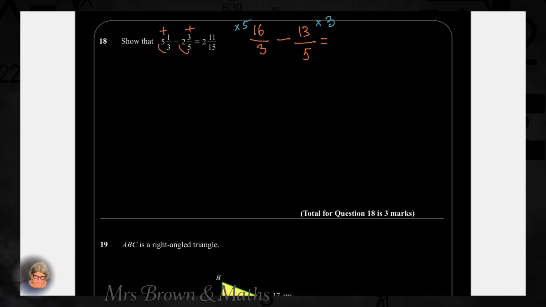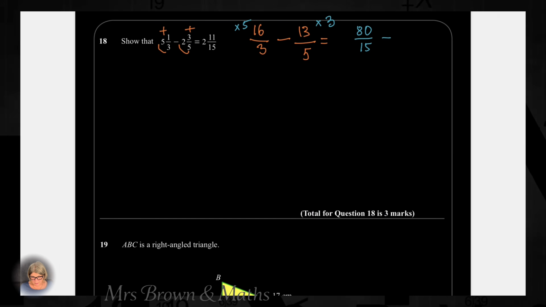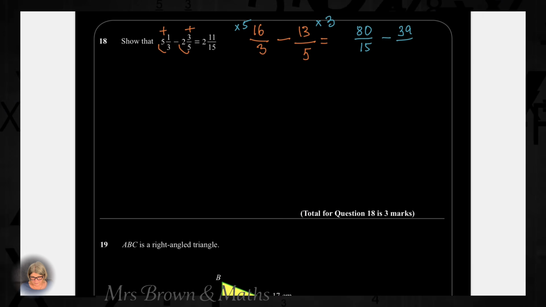Right, 16 times 5, 80. 80 over 15, minus 13 times 3 is 39 over 15.